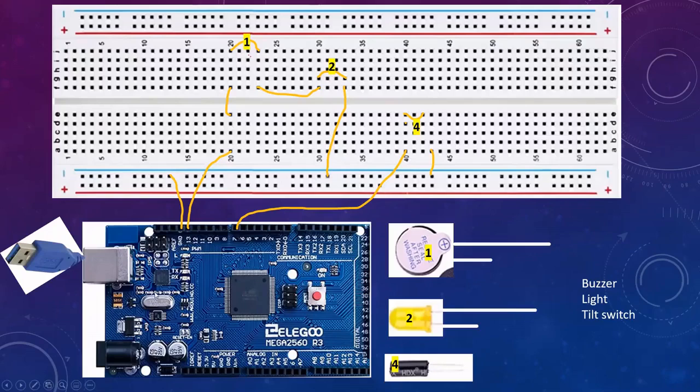So remember that this is a digital circuit here that we're looking at, and number 4 here was that tilt switch. We won't be modifying anything about number 1, which was the buzzer, or number 2, which was the light. We won't be touching that at all. That will stay the same.